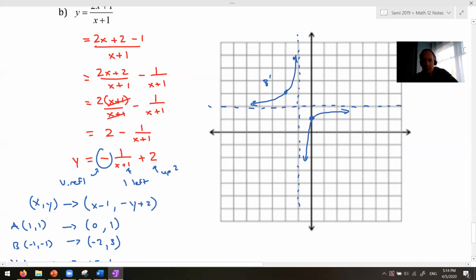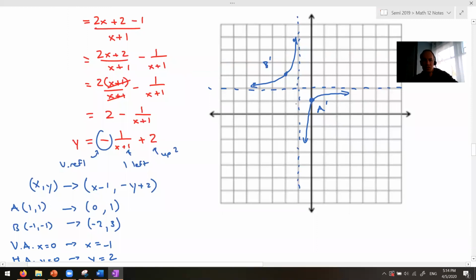One thing we have not done, of course, is solve for the intercepts. We know the y-intercept because that's where A landed, where x is equal to 0 and y is equal to 1. But what's the x-intercept? Why don't we figure that out, because that's easy enough. We're going to set y equal to 0 and solve.